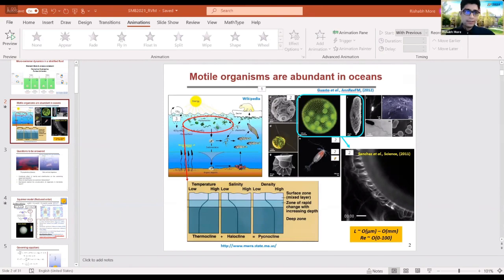Yeah, the squirmer model is kind of for zero Reynolds number, but recently researchers are trying to extend it to higher Reynolds number and use it as a model to see what will happen if we have finite inertia as well, which might be the case in some special cases. Okay, thank you.